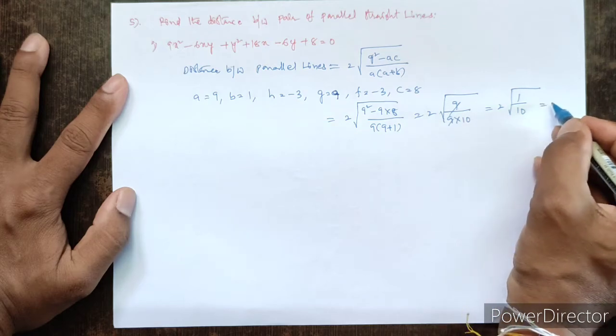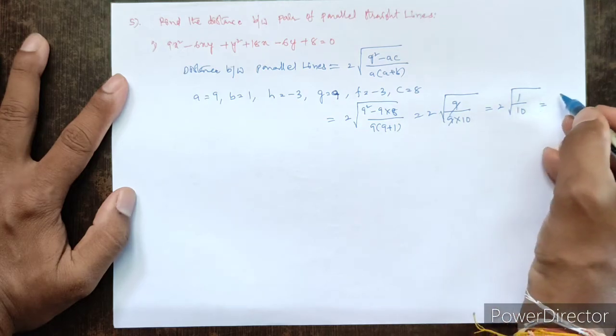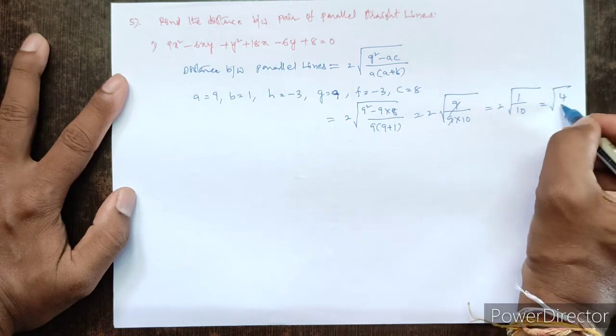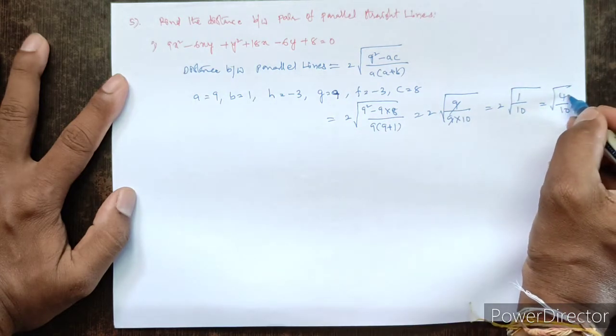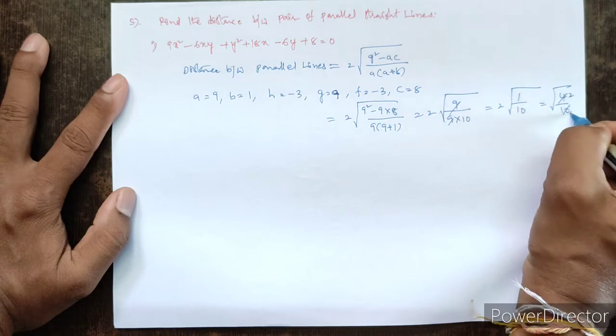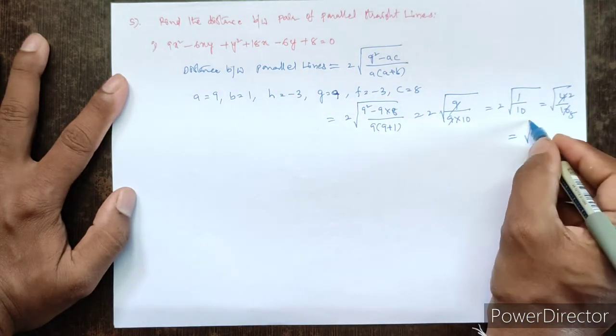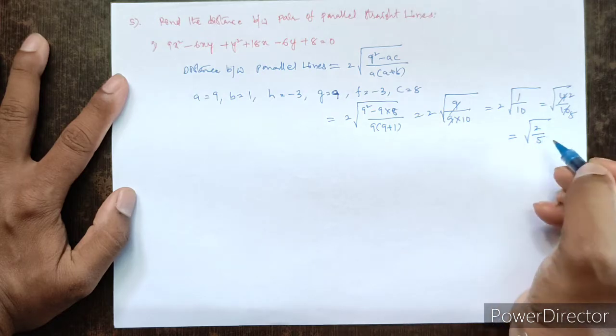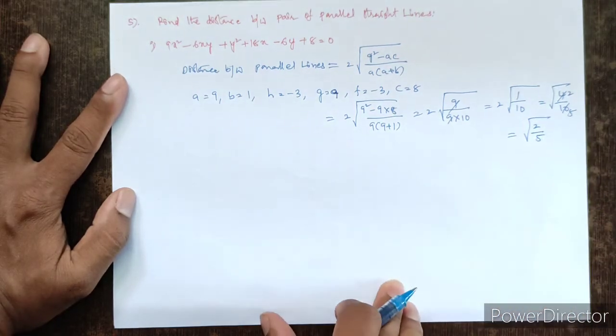So that is 4 by 10. So this is 2 2s, 2 5s, that is 2 by root 2 by 5, which is the distance. So root 2 by 5.